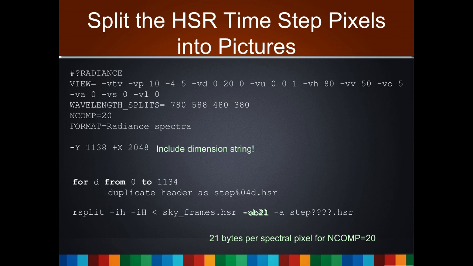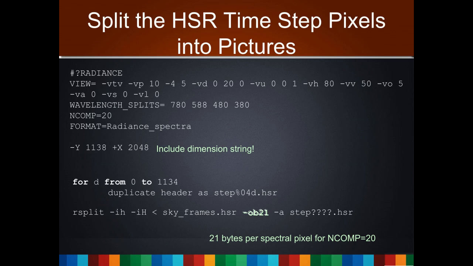Oh no, I'm sorry. In this case, I'm just doing a day, in half minute increments, whatever the SkyCam captures were, 30-second increments. So in this example, I'm doing one day. It's important to include this dimension string, and I just have an example of how you use a for loop to create all these.